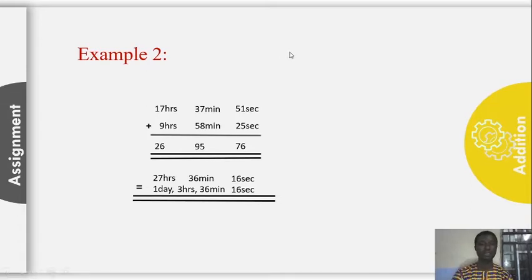Let's come over to the minutes. 7 plus 8 gives you 15. You write down 5 and carry 1. You bring the 1, add it to 3, it becomes 4. So 4 plus 5 will give you 9. So we have 95 minutes.